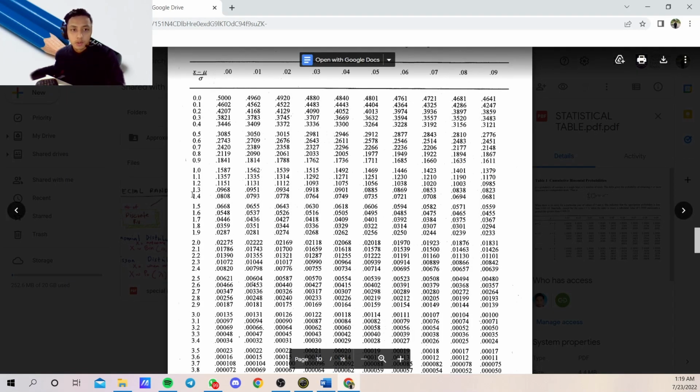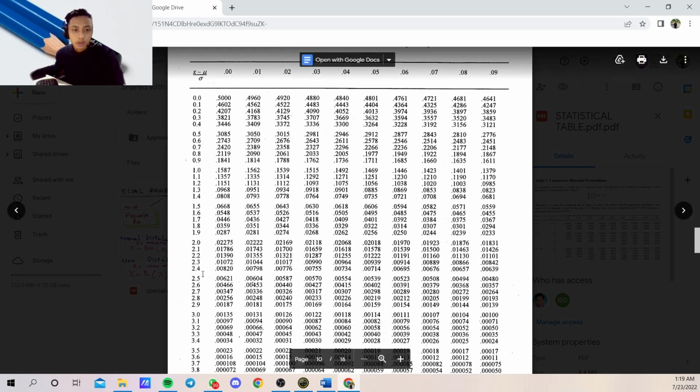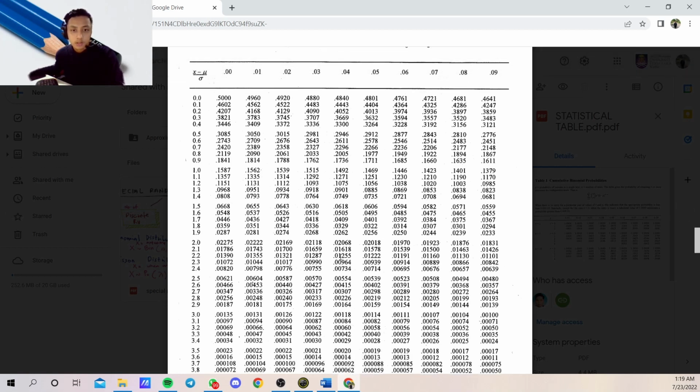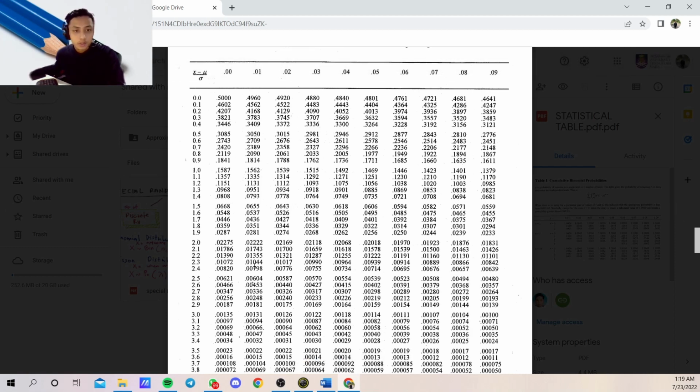So we just need to search for 2.3. So there are a lot of numbers for 2.3. So the back of the number 3 is 4, right? Because it was 2.34. So we will go straight up to this 0.04, because 2.3 plus 0.04 will be 2.34. So we will get the answer 0.00964.